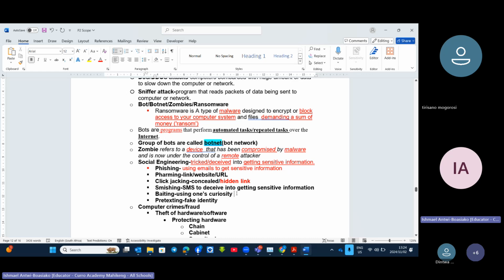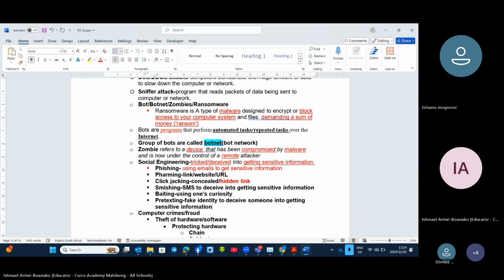And that is baiting. Then pretexting is using a fake identity to deceive someone into giving sensitive information. So a fake identity, we call it pretexting.